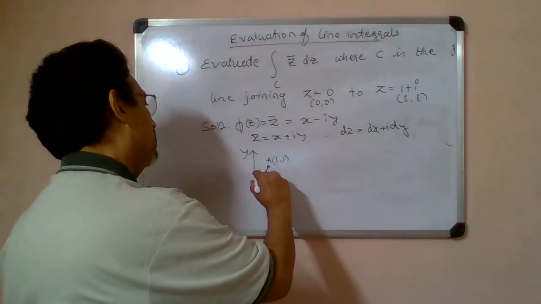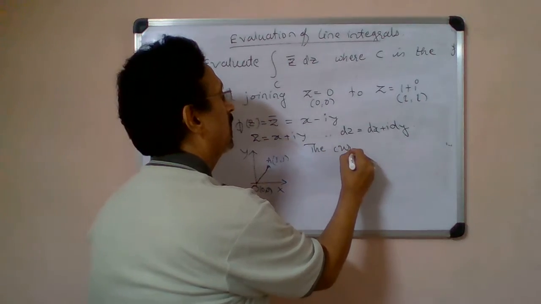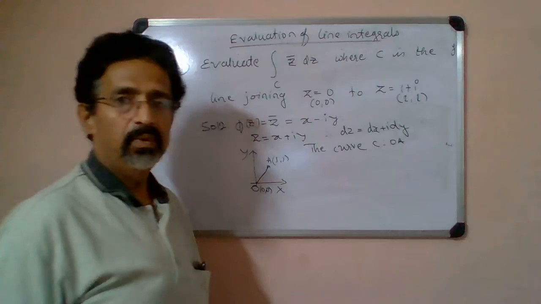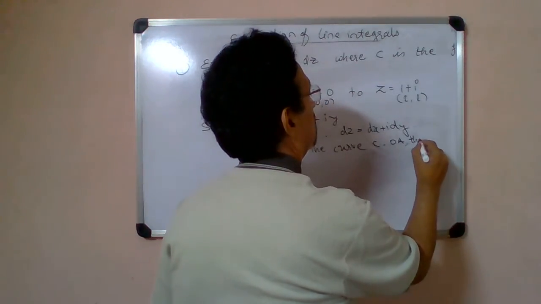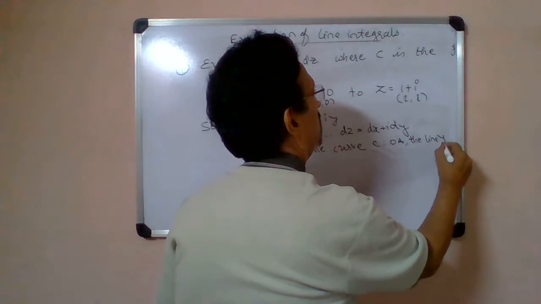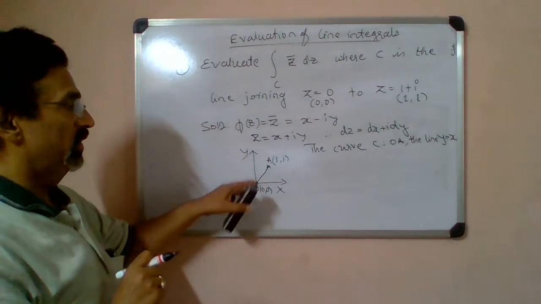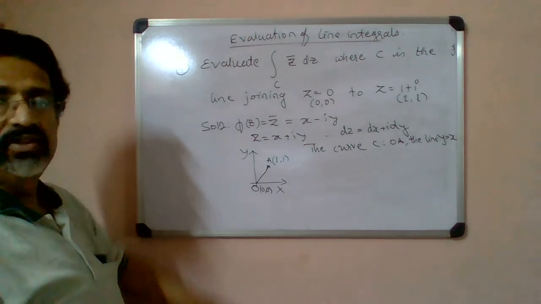So on this OA, the curve C is OA. OA is the line y equal to x. Correct, no? When x is 0, y is 0. When x is 1, y is also 1.